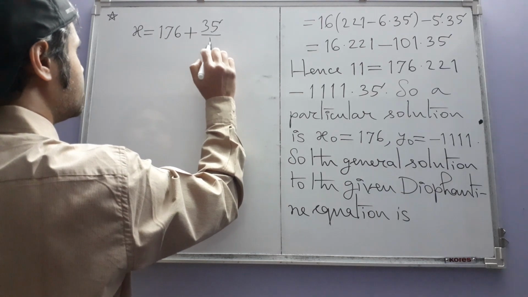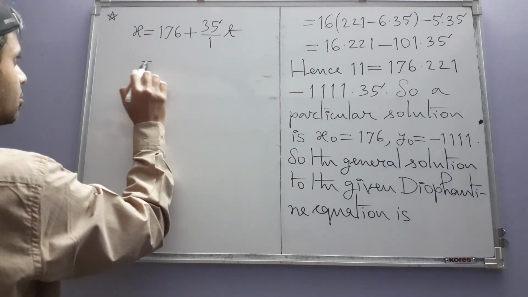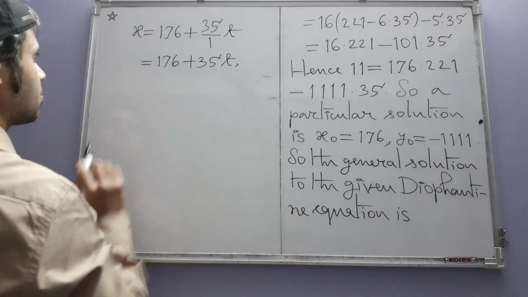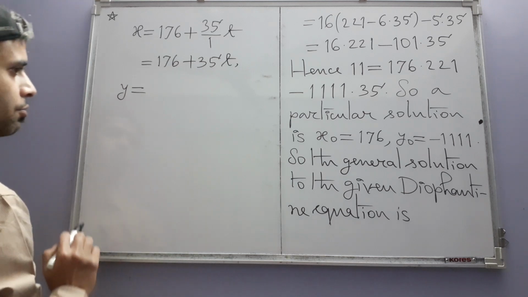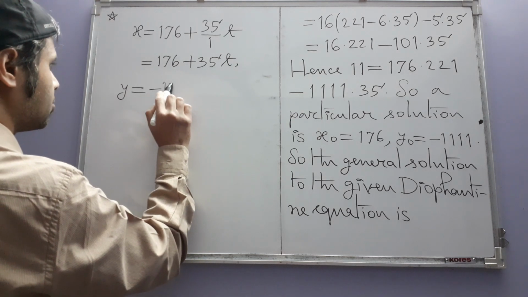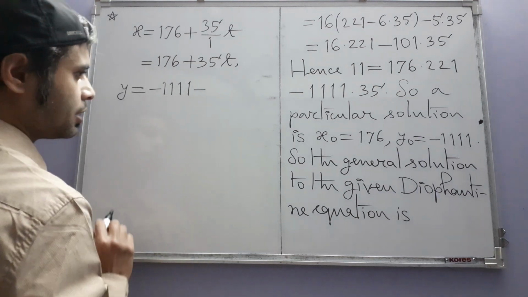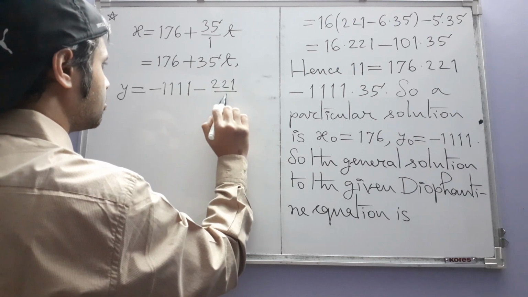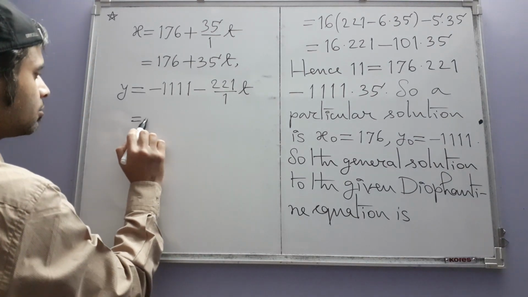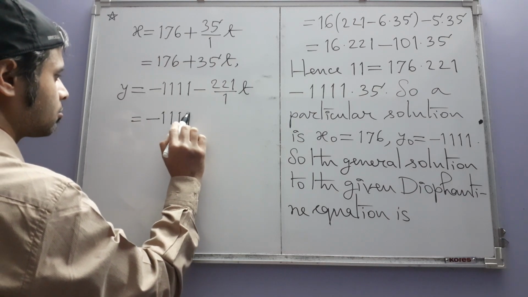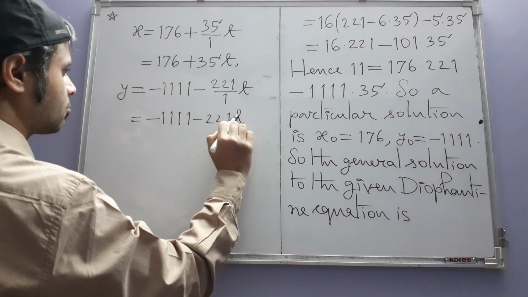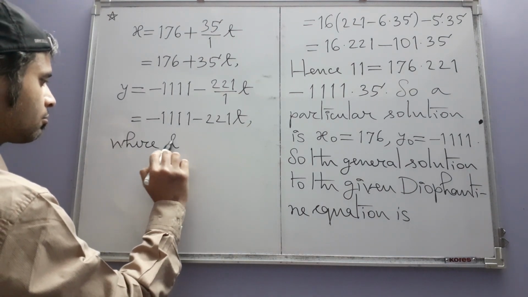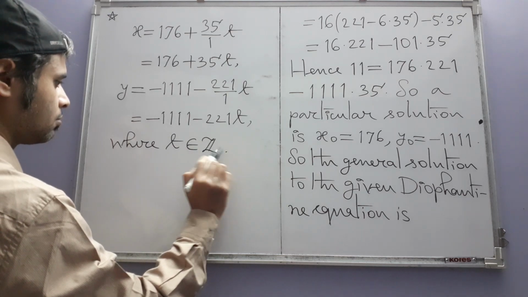In this case d is just 1, so it will stay like that, and y is equal to y naught, that is minus 1111, minus a divided by d times t, where t is an integer.